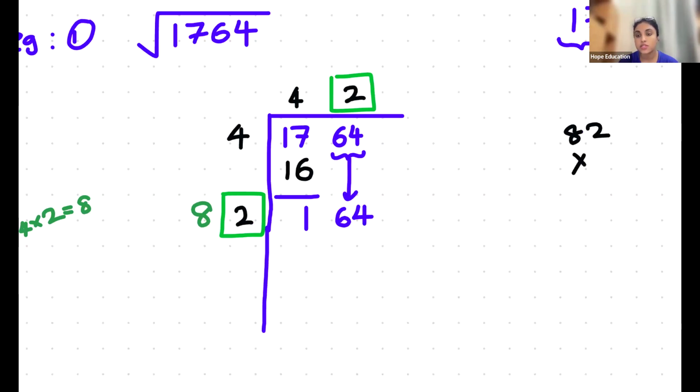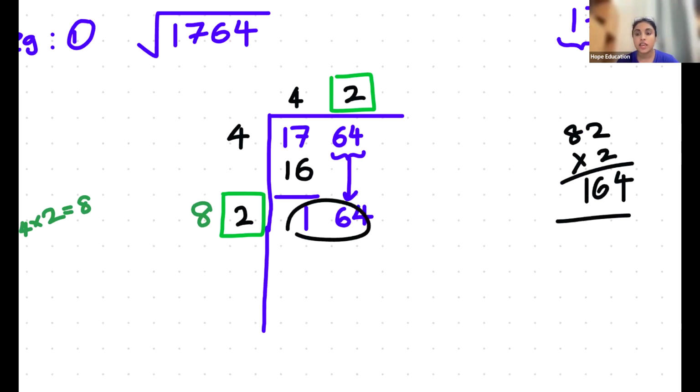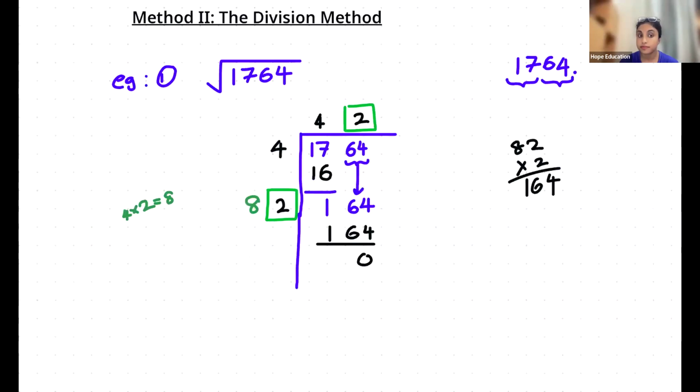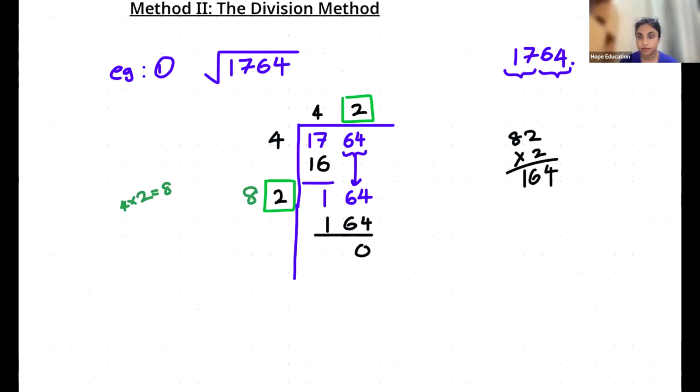So 2 times 2 is 4, 2 times 8 is 16. The same number that came here also came here. Therefore, 82 times 2 is 164, and the remainder is 0. Did you all understand up to that point? Yes, teacher.